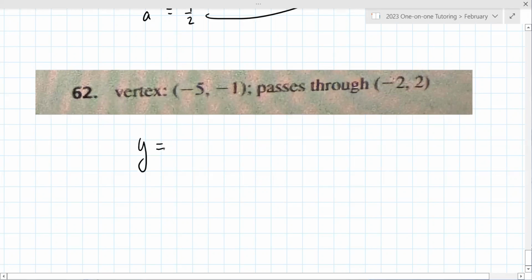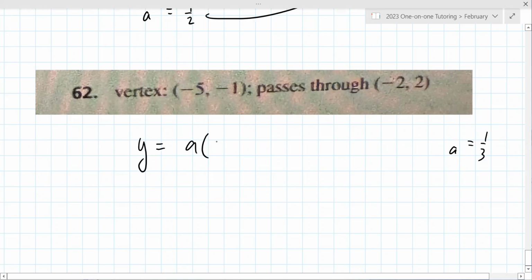Then 2 equals a(negative 2 plus 5) squared minus 1. So then 2 equals 9a minus 1. So I got a equals 1/3.